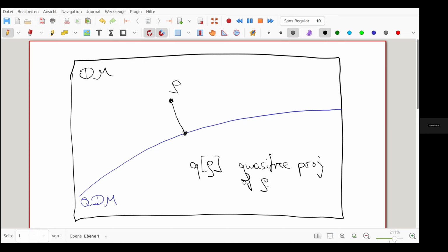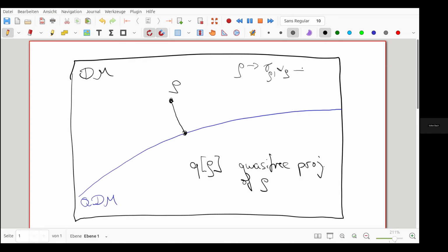Now the picture I'm drawing suggests that rho and Q of rho are close to one another. This is not really fully justified, but a little bit it is. So let me first stress again, what is Q of rho? It's a map. We take a density matrix rho, then we compute the one particle density matrix gamma rho and the pairing operator alpha rho.